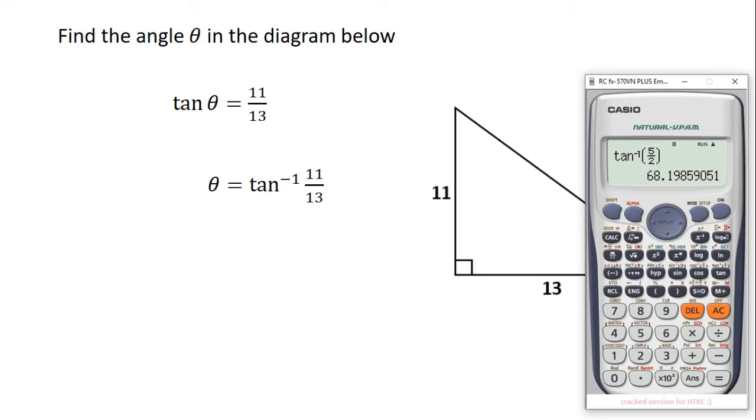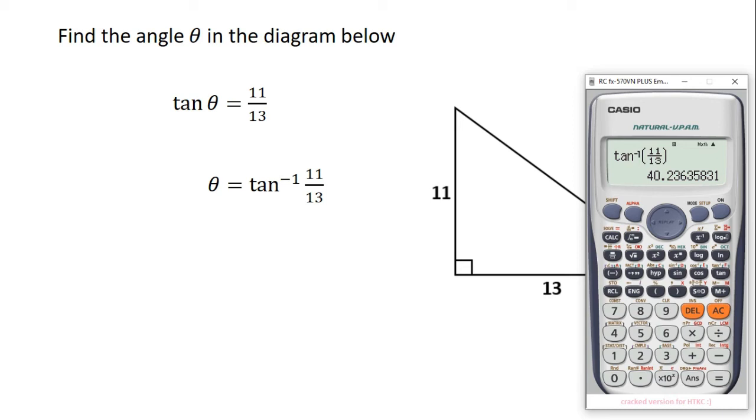So tan inverse of 11 divided by 13: shift, then tan, you enter 11 divided by 13. Then you press equal to, and that will give us 40.236.